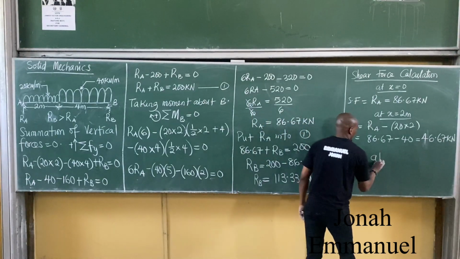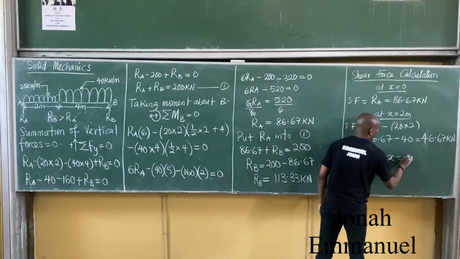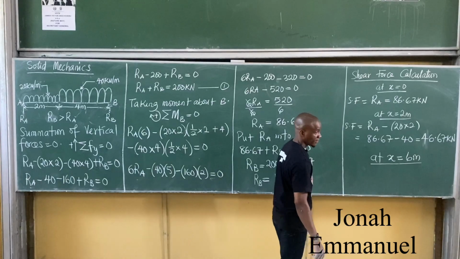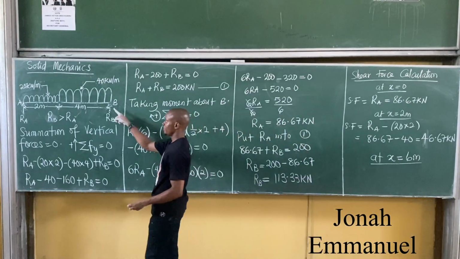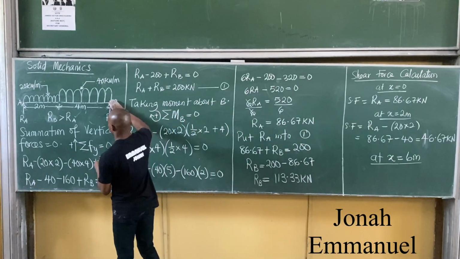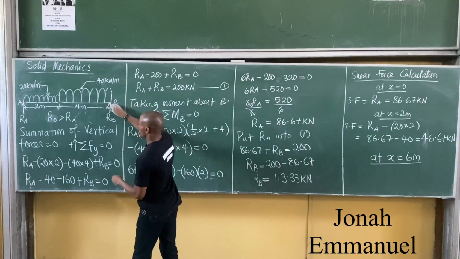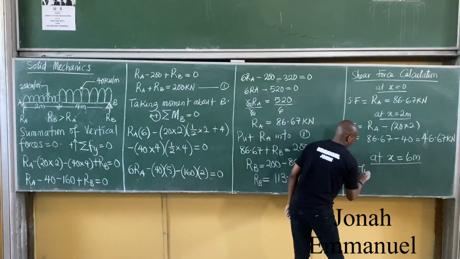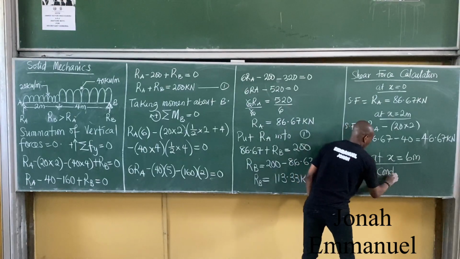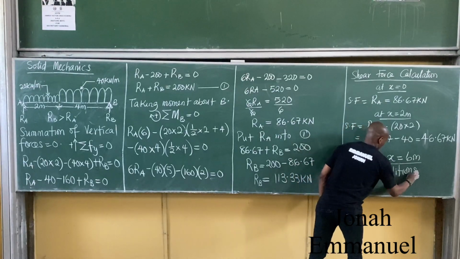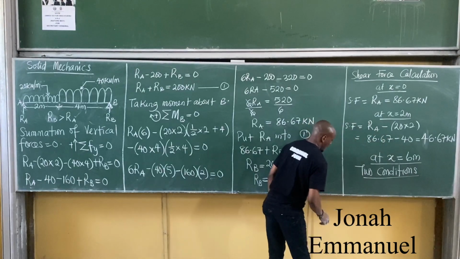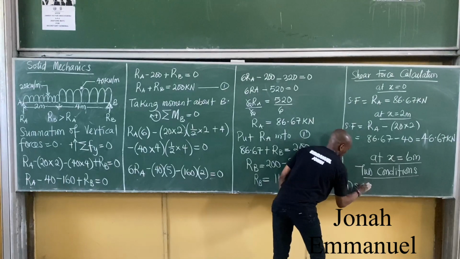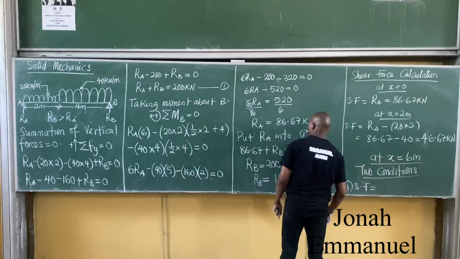Next up, at x equal to 6 meters, there will be two conditions, because 2 and 4 is 6. At this point here, you can see a point load, RB. So two conditions. Condition 1, shear force is equal to all the forces before that point.